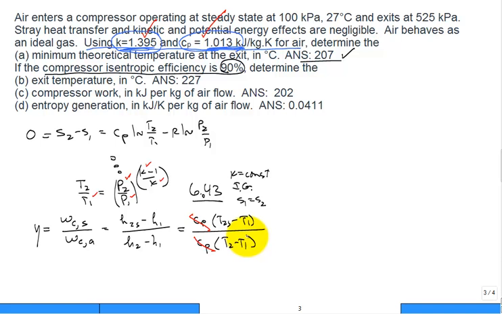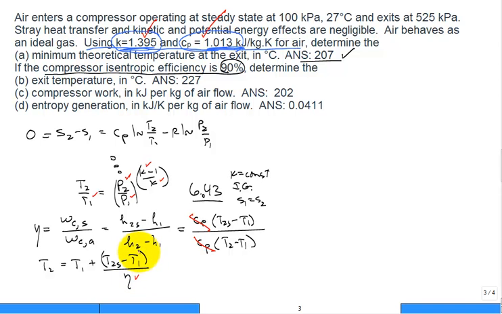Okay, so what you have is the isentropic efficiency. You can rearrange this equation to get that T2 actual is T1 plus T2S minus T1 divided by the isentropic efficiency of the compressor, which was 90% for this problem. So we put in our 90%.